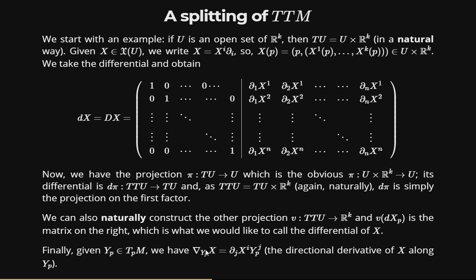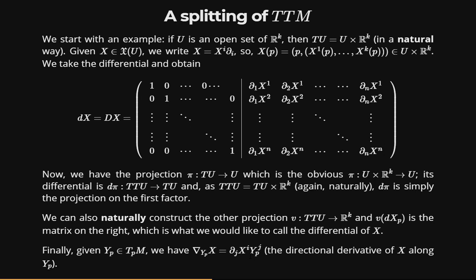In coordinates, you're just writing this formula, which is the sensible one. So the directional derivative is just taking the jth partial derivative of xi and multiplying it by the jth coefficient of the direction. But under a theoretical viewpoint, you are considering this splitting. So you have the manifold and the tangent.